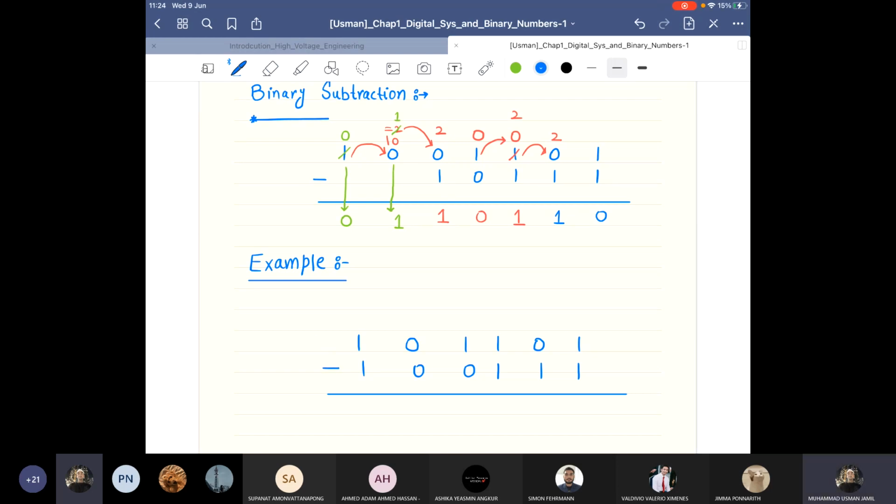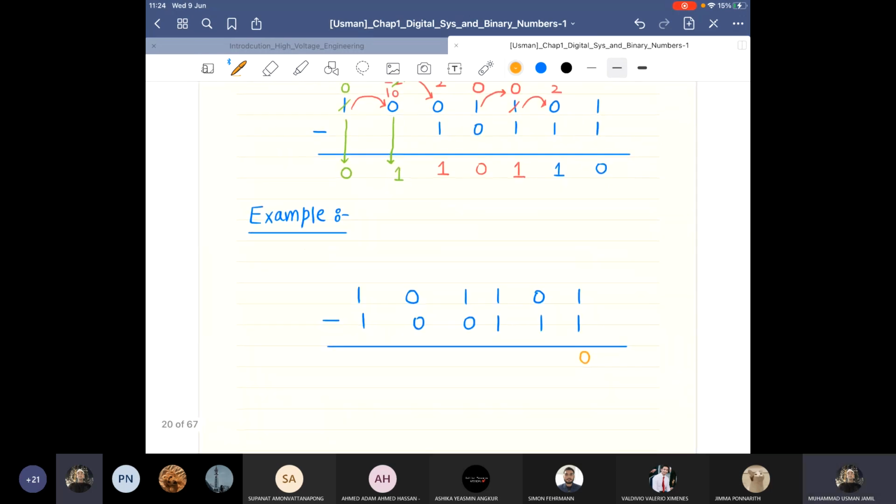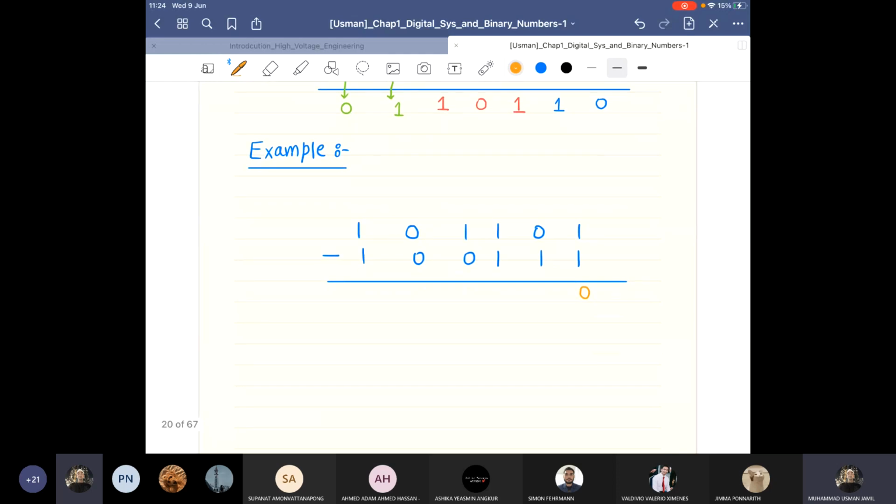Now if we do the subtraction, for this case, 1 minus 1 is 0. Now again, this one is 0 minus 1, which is minus 1, so we cannot. Then again we borrow this one here. So now 1 0 is equal to 2. So 2 minus 1 is 1. And now this one remains 0.